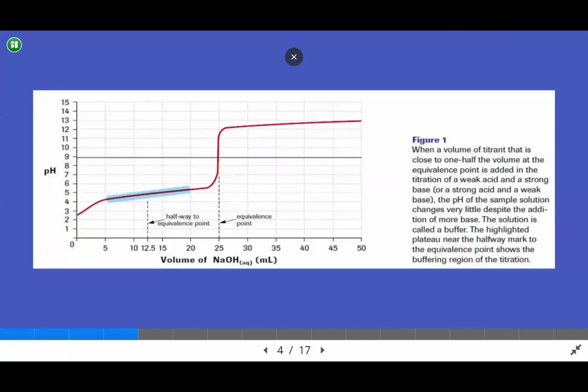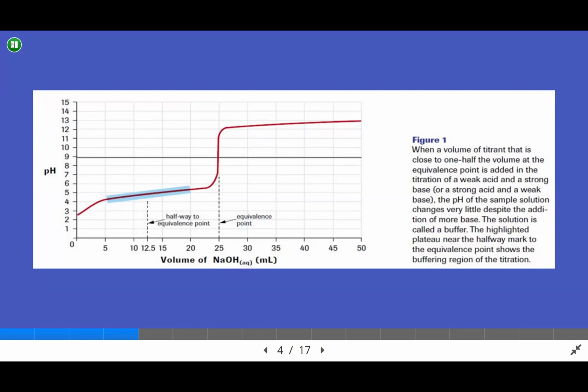Taking a look at this example, the titration of acetic acid with sodium hydroxide, the pH is approximately 4.7 at a volume of 12.5 milliliters of sodium hydroxide. Since 1/2 of the equivalence volume has been added, 1/2 of the original acetic acid has reacted.